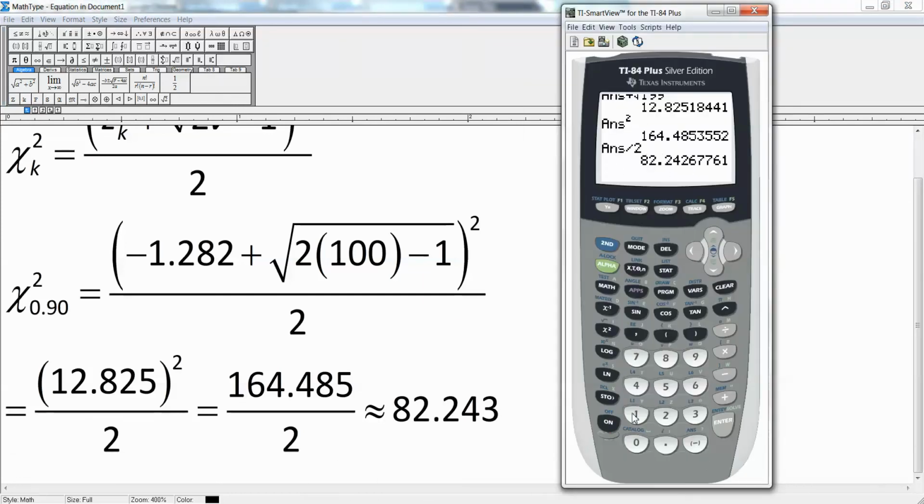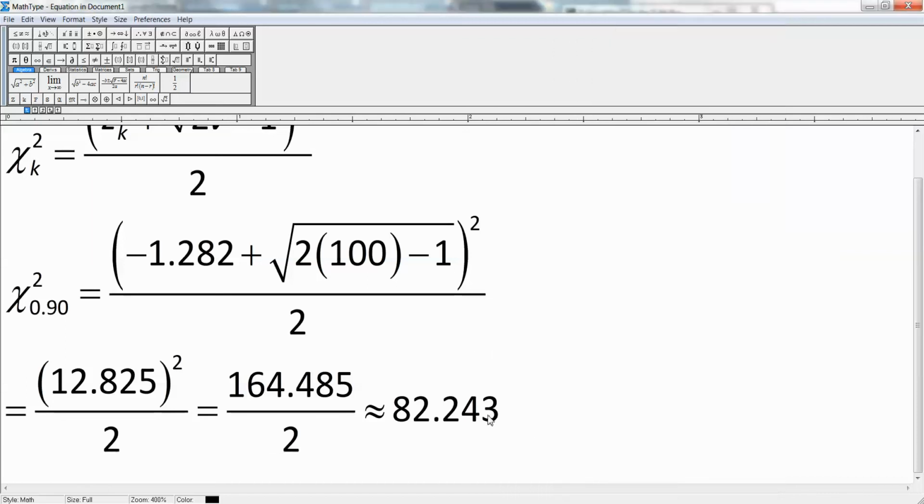So if I did negative 1.28 plus the square root of 199, enter, and I just started rounding, like 12.827, I square it, divided by 2, there you go, 82.265266. You can see you're losing accuracy the more you do this, so the more I round along the way, the worse it gets for me.